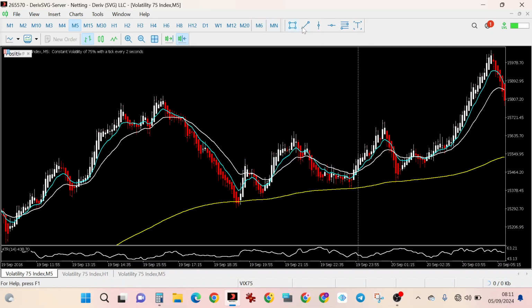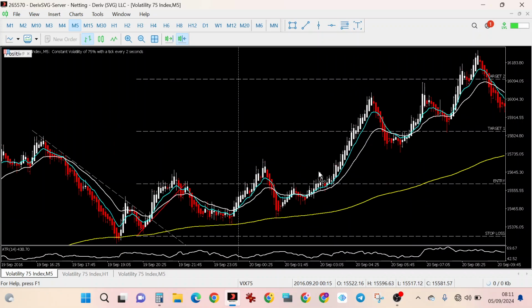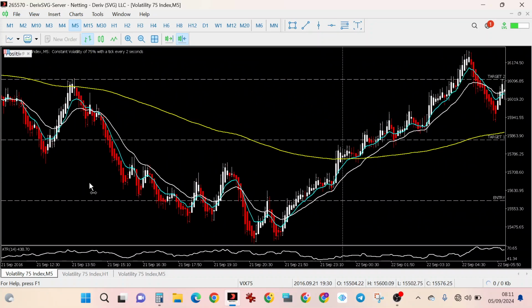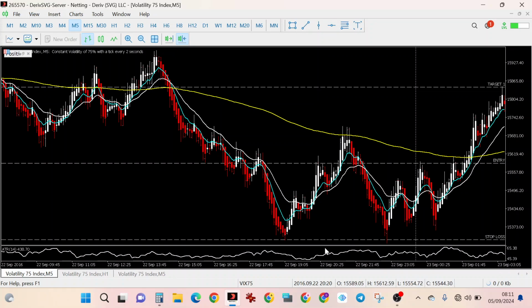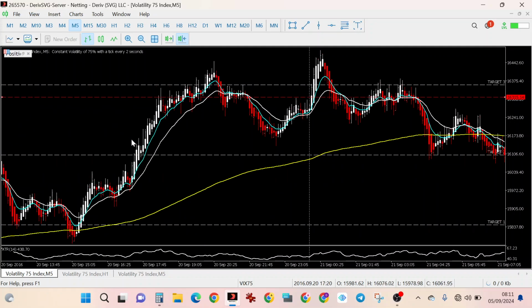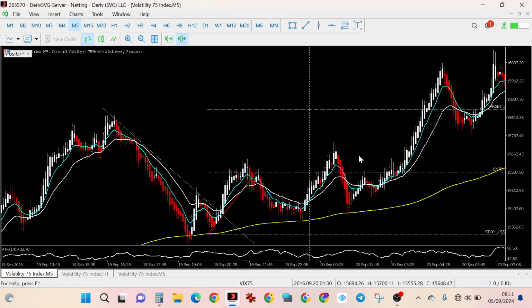So you enter there, maybe stop loss below this level, then you target at least 5 times your risk. Okay, and this one is a little bit tricky because it came back after going 3 times the risk. So depending on how you manage your trade, you'll be able to catch something.